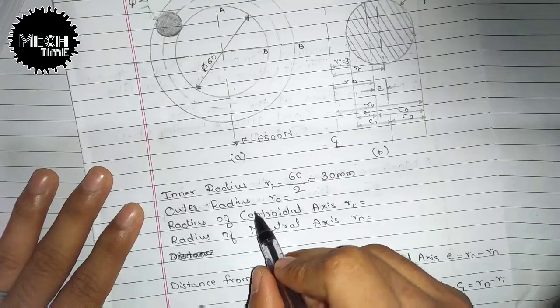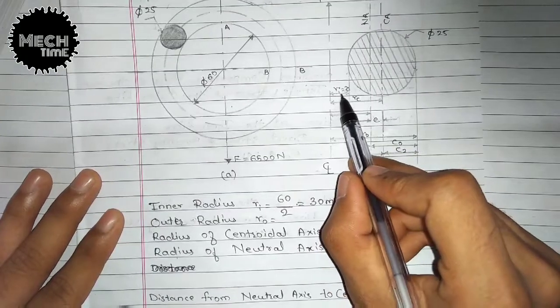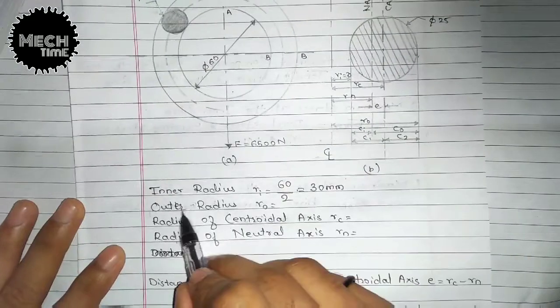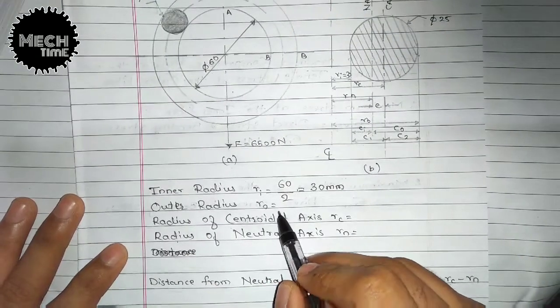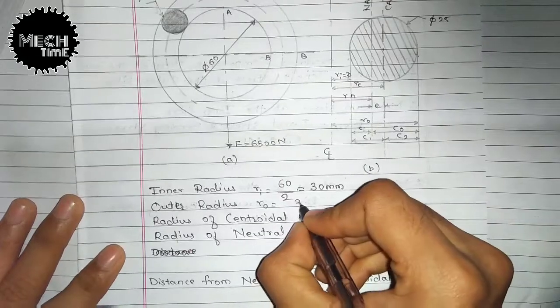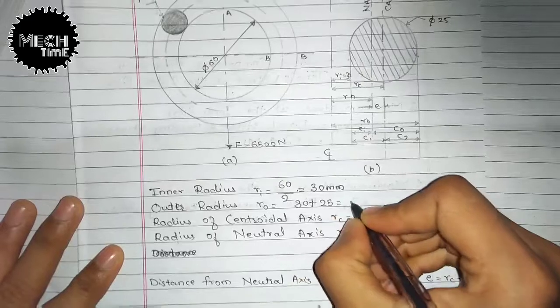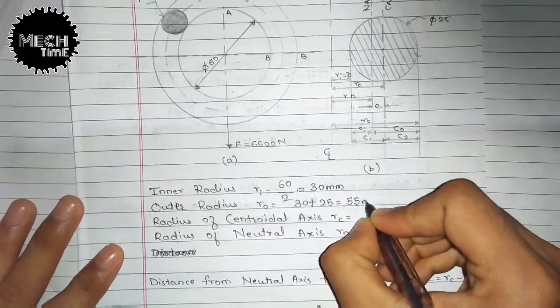Now the outer radius Ro. You can see here the inner radius Ri is equal to 30. The outer radius Ro is nothing but 30 plus 25, that is 55 mm.